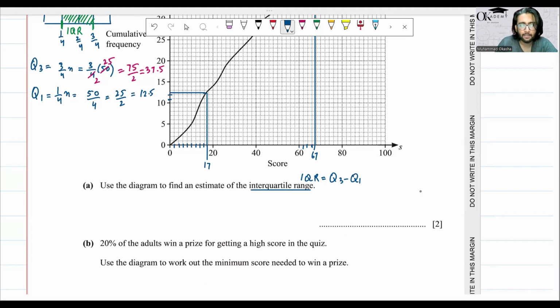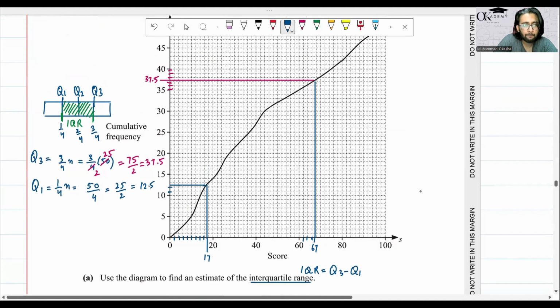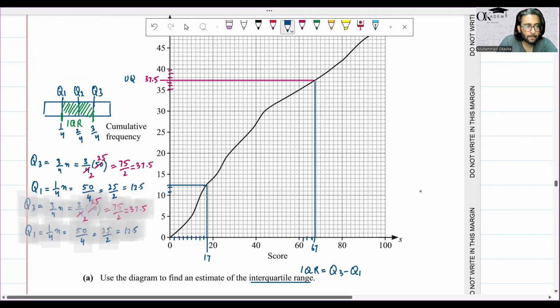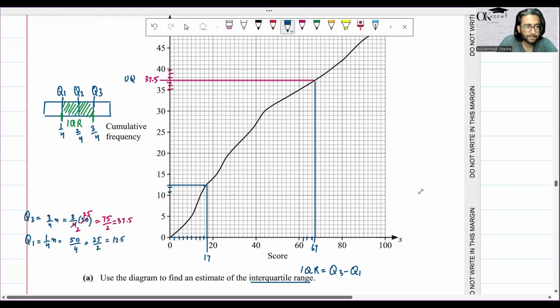67, remember, was the upper quartile, and this was the lower quartile. 12.5 was somewhere over here. Should I put my working? Somewhere over here, and I'll make it small.